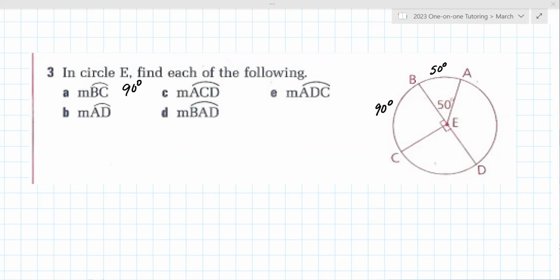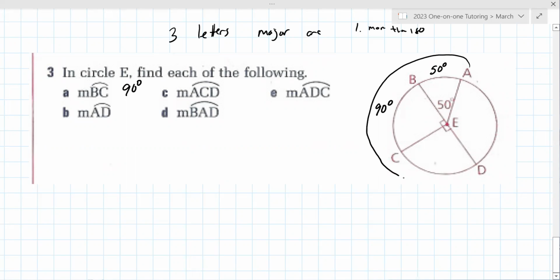For ACD, when you're given 3 letters, it's a major arc. And that means a couple of things. One is that it's more than 180. But you're going in that direction, like you're going from A to C and then to D. You have to go in that order.